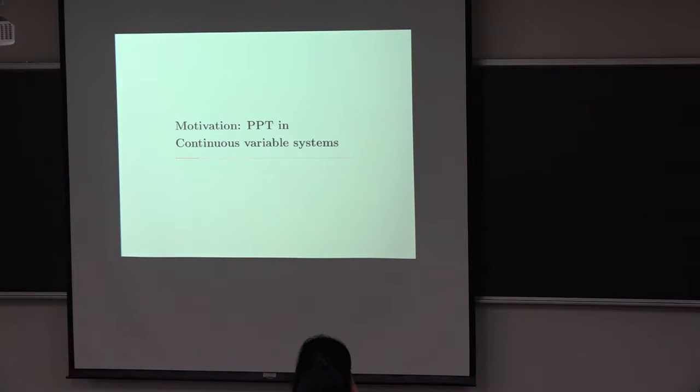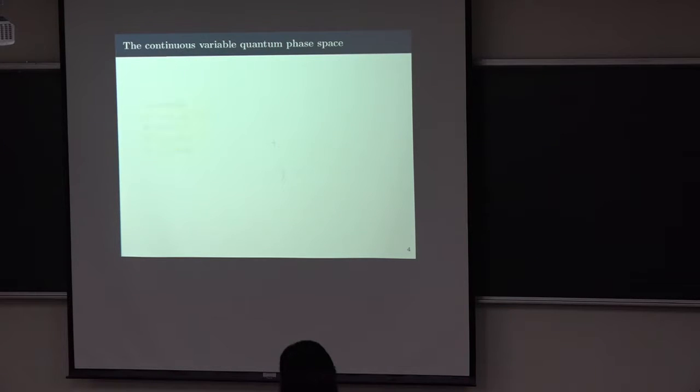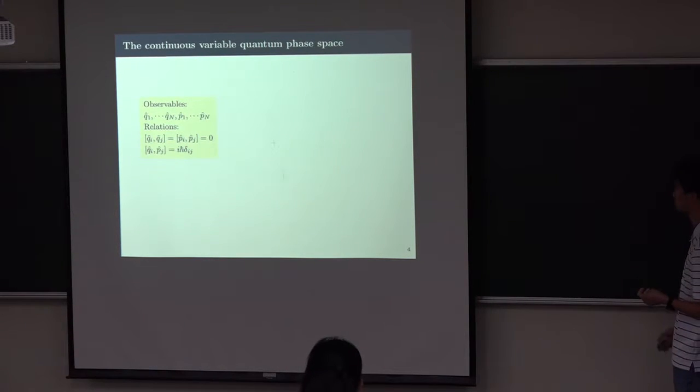Now our work is about the PPT criterion on a continuous phase space. Our motivation is from the PPT criterion in a continuous variable system. In traditional quantum mechanics, a continuous variable system is often described by the position and momentum operators.